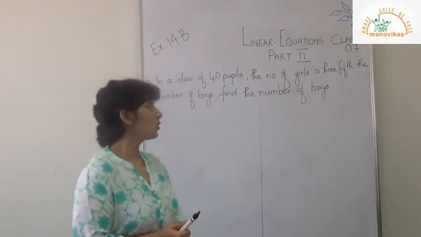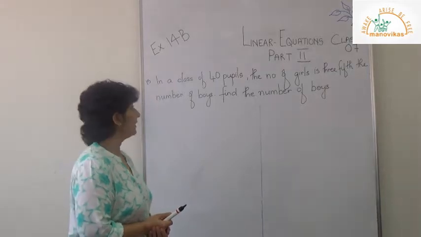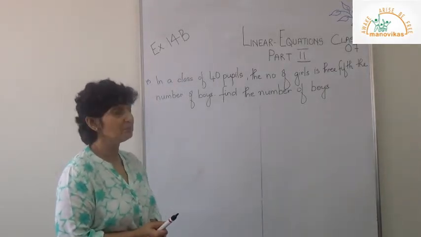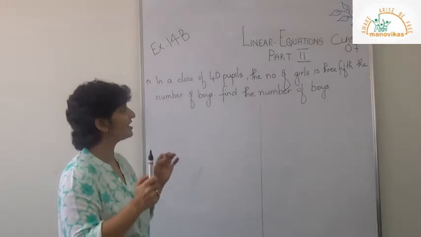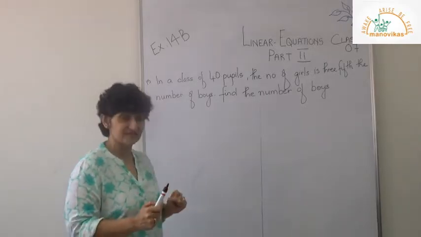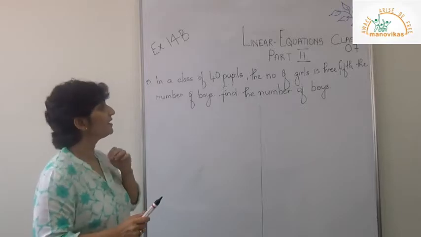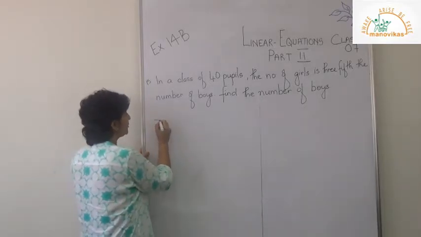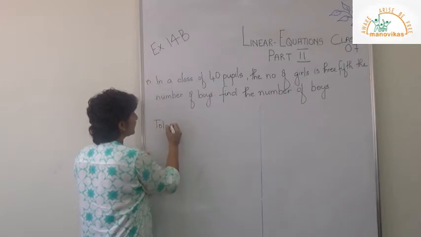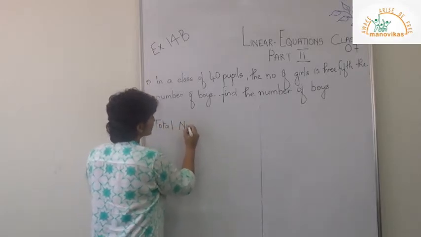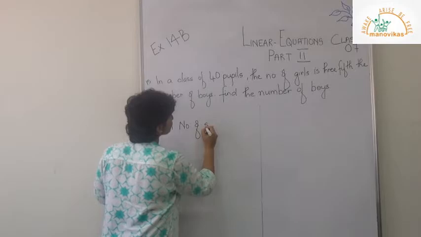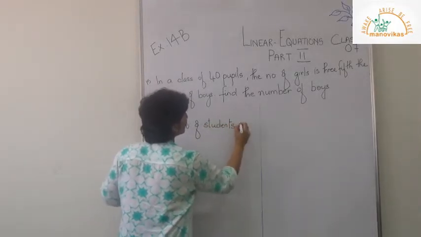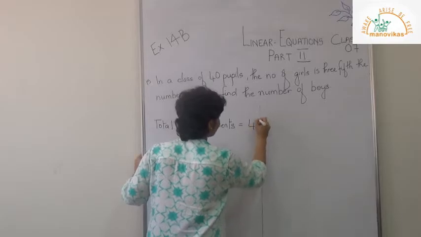Now let's read question 15. In a class of 40 pupils, the number of girls is 3/5 the number of boys. Find the number of boys. Now in a class of 40, so I know my total number of students is 40, correct?